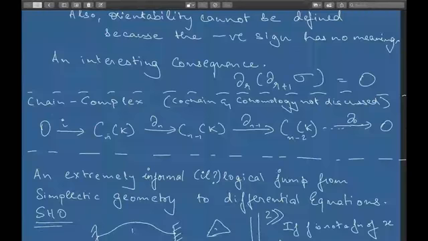Chain complexes are nothing but, from zero, which is from nothing, you include a chain complex, an n dimensional or an n complex, right? Once you include an n complex, then you apply the differential to this Cn, and you get an n minus one dimensional complex. So every time you apply a differential, you get one dimension lesser.